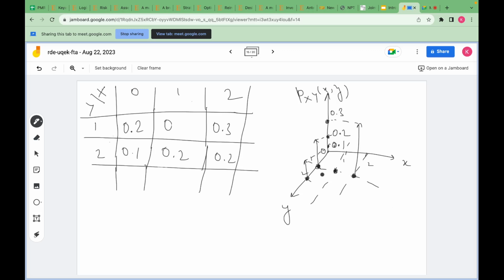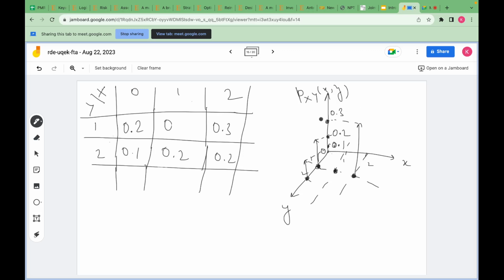So I hope you are getting a picture that this is the x-axis, this is the y-axis, and for these points we are plotting the probability mass function values. For 0 comma 1, this is 0.2. For 0 comma 2, this is 0.1. For 2 comma 1, this is 0.3. And similarly we can plot it for other points as well.